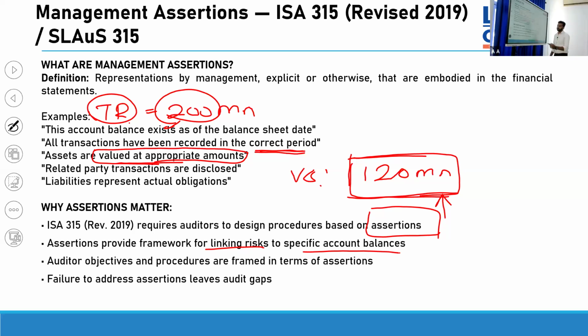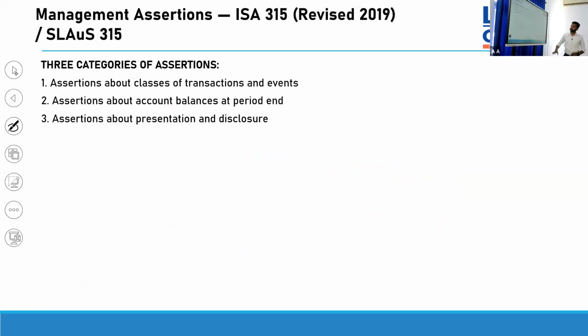Also, failure to address these assertions, keep this in your mind clearly, if we fail to address assertions, will leave audit gaps. It can be clearly identified by understanding these three categories of assertions.